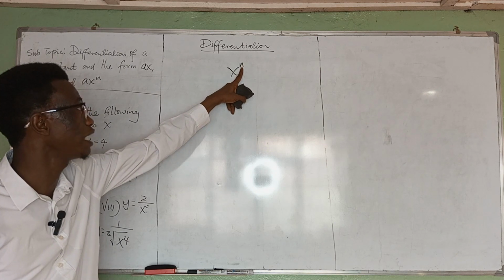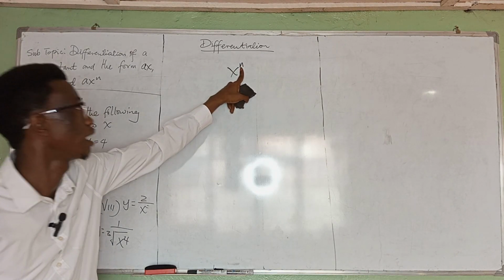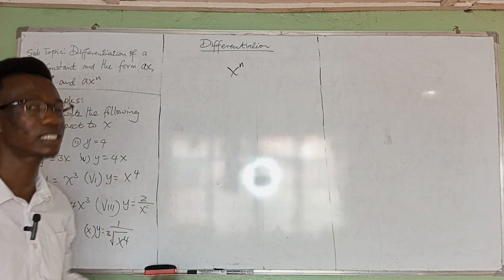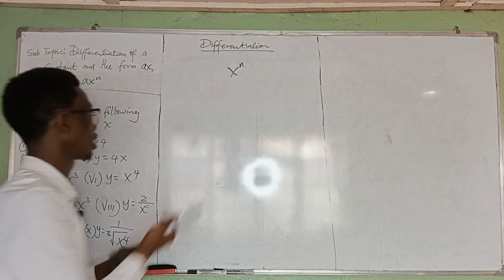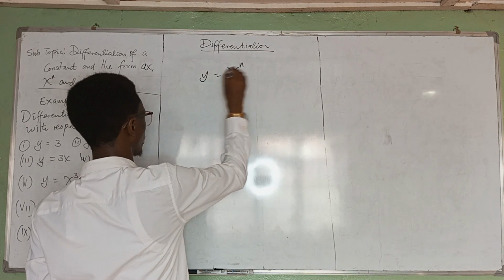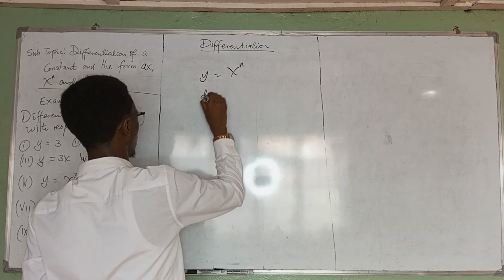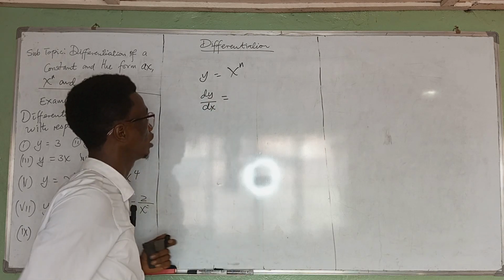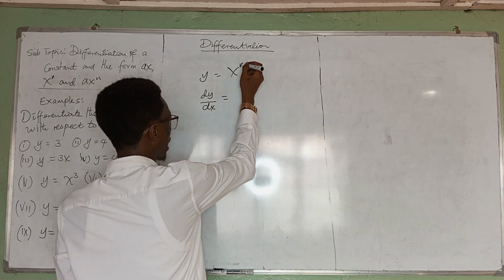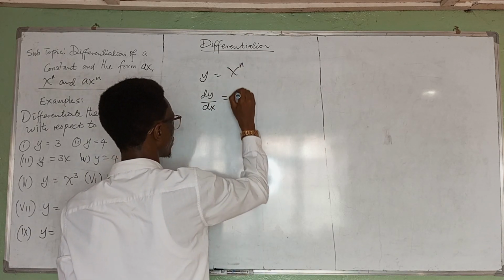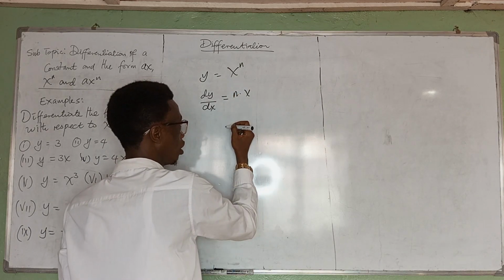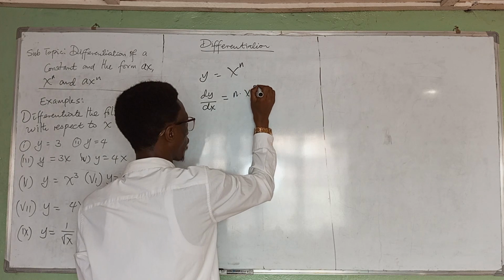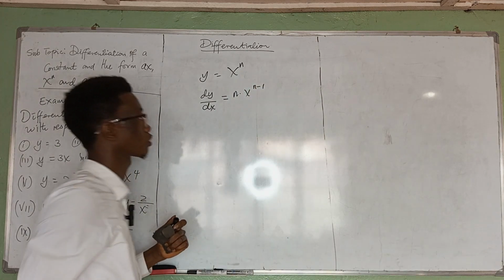So now you're going to multiply n here by the coefficient of x and subtract 1 from n, because n serves as the what? The power. Okay? So if y equals that, then differentiating y with respect to x, dy by dx equals, you're going to multiply n by the coefficient here, which is 1, then we take n minus 1.